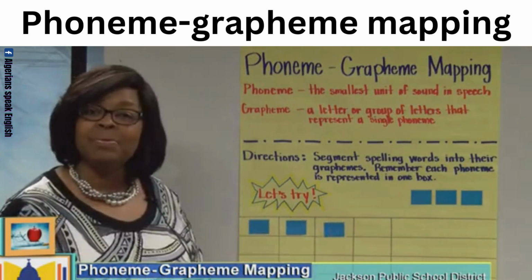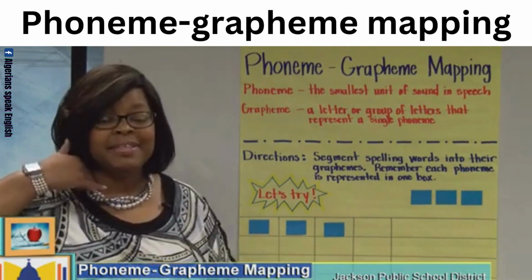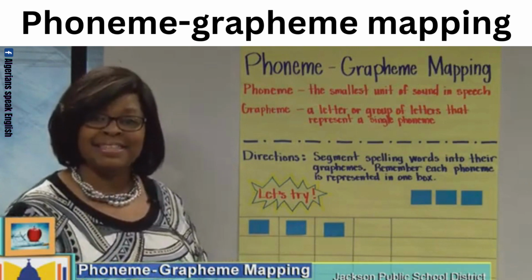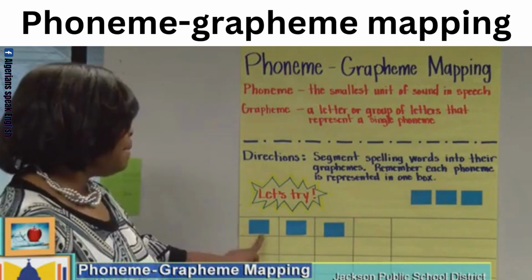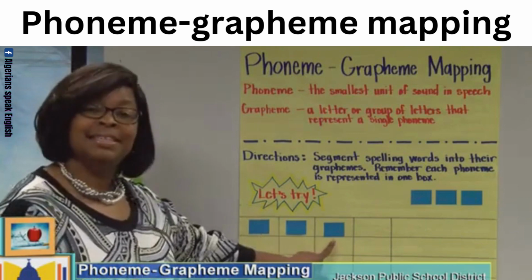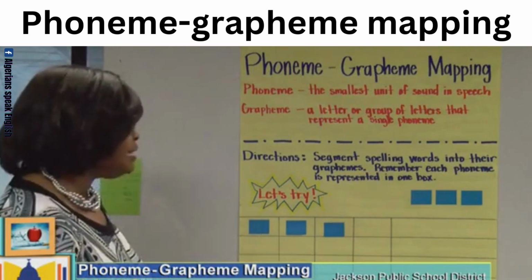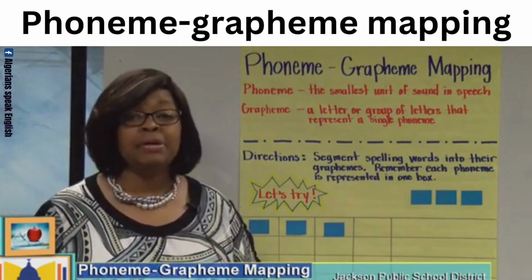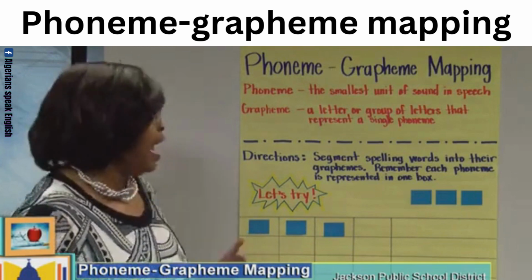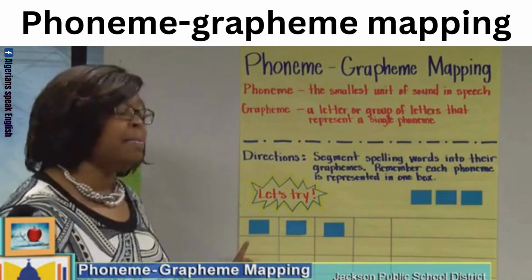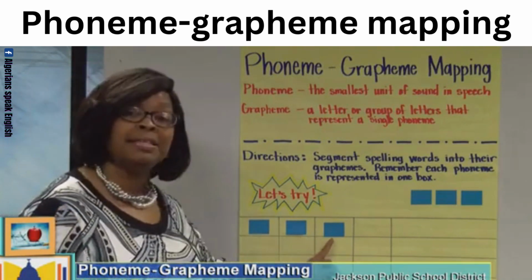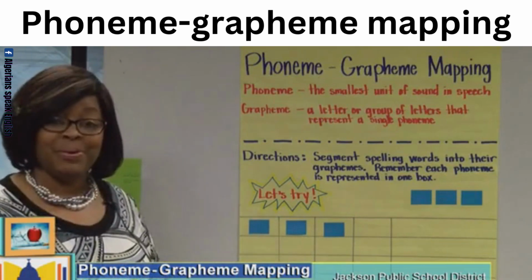How many sounds or phonemes do we hear in the word bat? You got it. B, a, t. We hear 3 sounds. So no matter how many letters it takes to write the word bat, every letter or letter combination must fit inside of the 3 boxes to represent 3 phonemes.